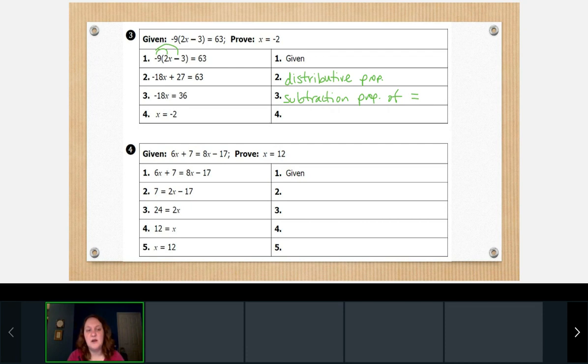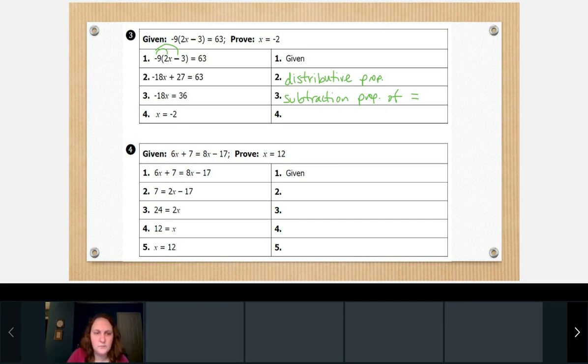So that's not really a property of equality, because even if I didn't have the equal 63, I could still distribute that. Okay, so when you're working on both sides of the equal sign, that's when we're using a property of equality. If you're only doing something on one side, distributive property, maybe even a simplification or combining like terms, we wouldn't really have to call that a property of equality.